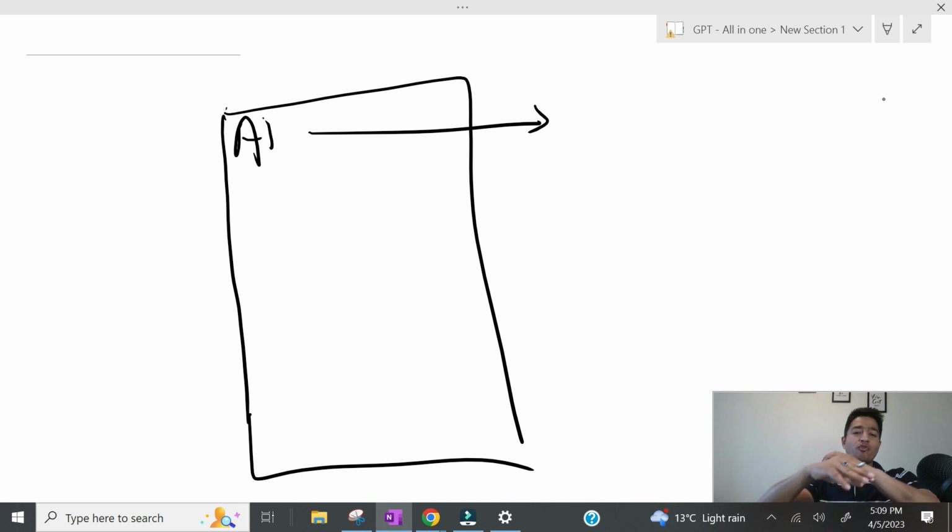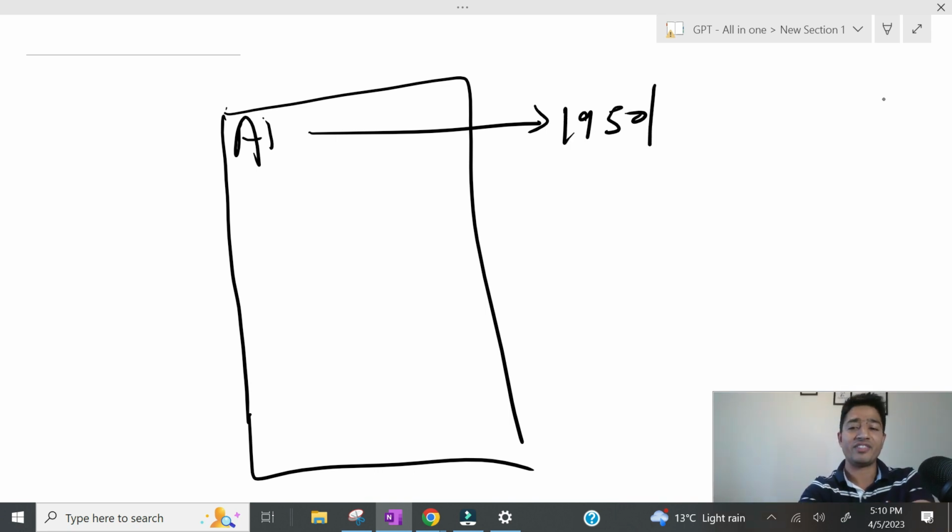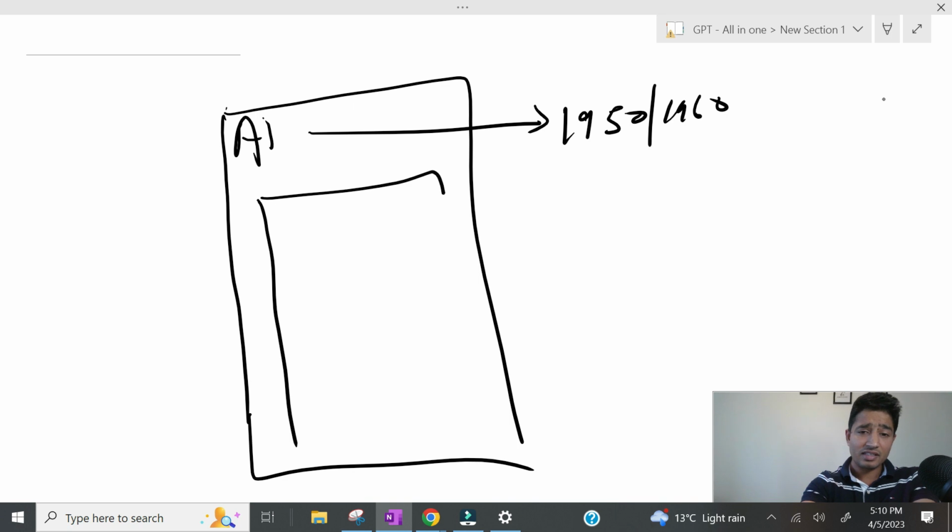So AI is a very broad concept by which we are making machines intelligent so that they can do tasks like we humans do, right? And when we see the history, AI has its footprint in the 1950s, 1960s. Now AI has a subset called machine learning.